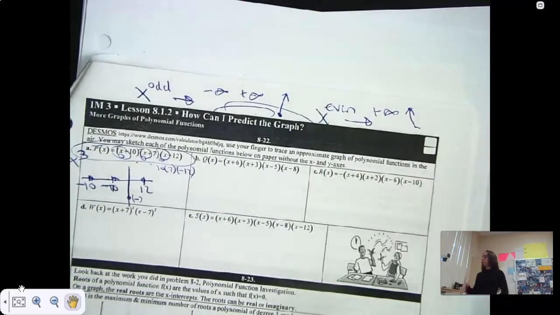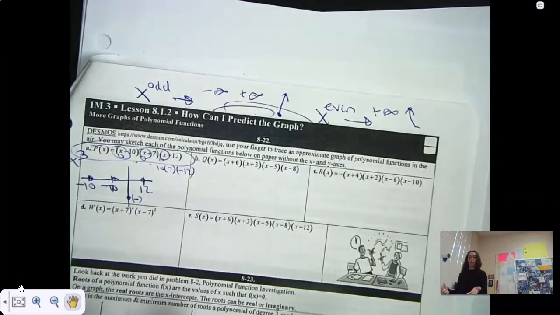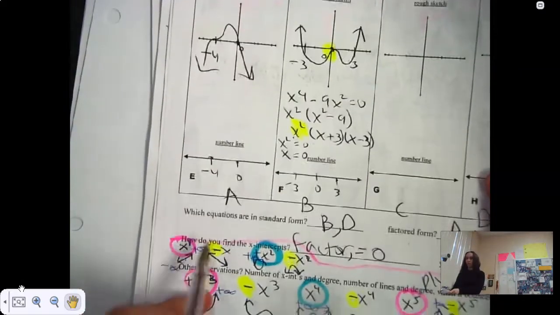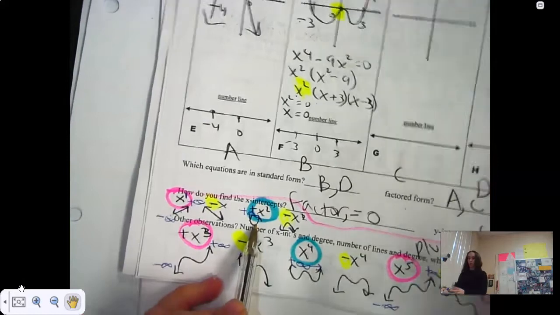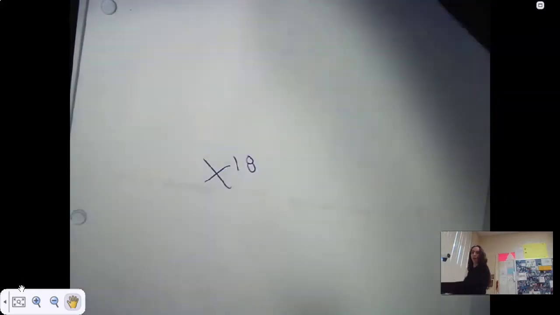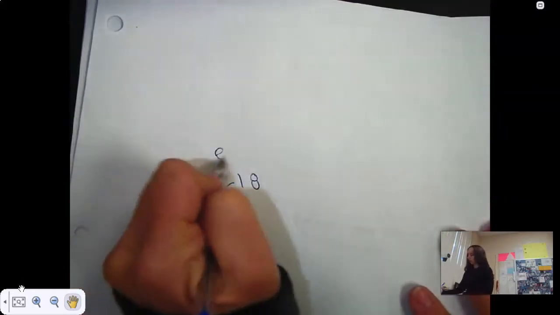Sometimes that's kind of hard for me to remember, so I just focus on a line and a U. I am so good at making a line and a U. If it's odd, I start by making a line, then I count. If it was x to the 18th, that reminds me of a U because it's even.